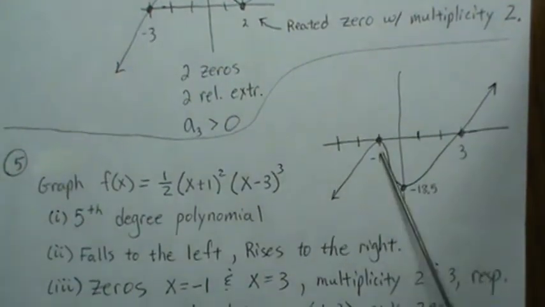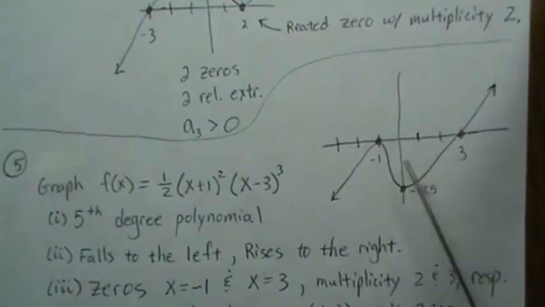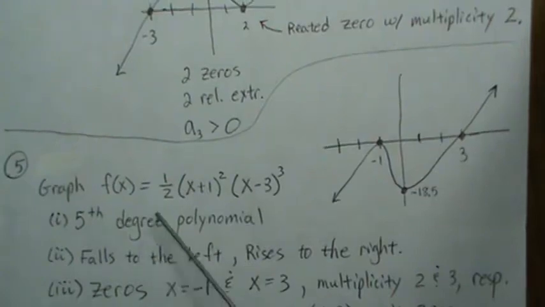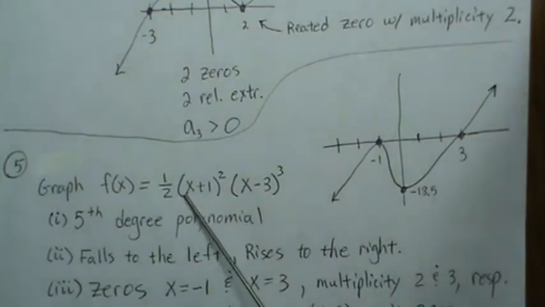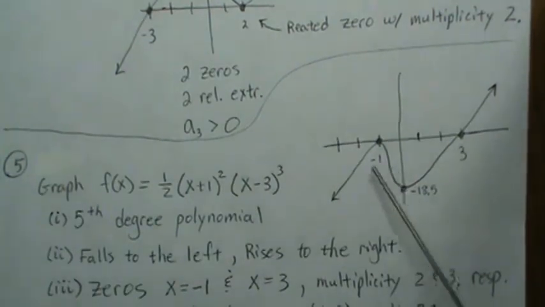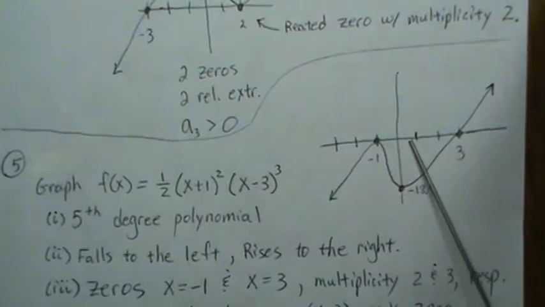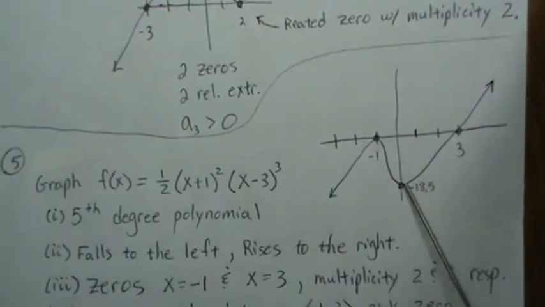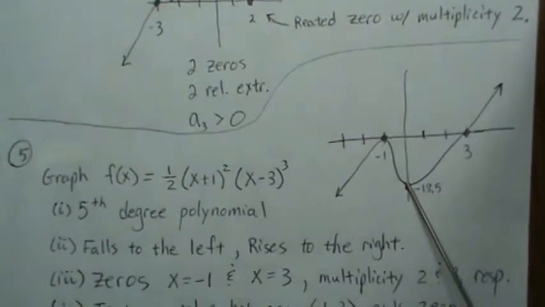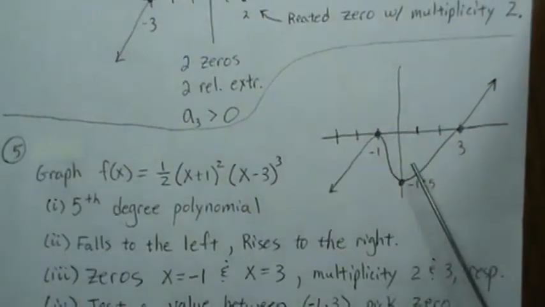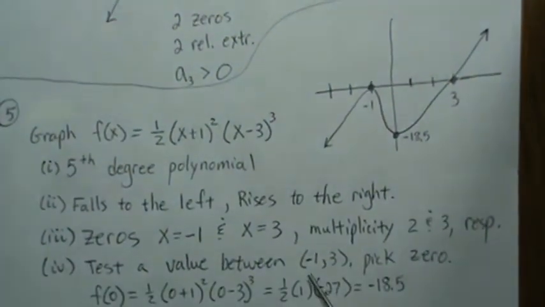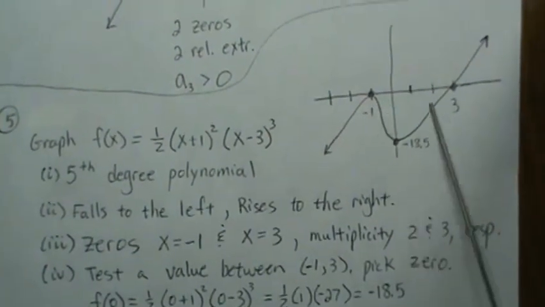Okay, but to get a better, well, let me rephrase that. Because we know it's a 5th degree, the leading coefficient being positive, the tail does this and that, but we don't know what happens in here. So let's pick a value in here so we can get a number and give us a better idea of what the graph looks like. So let's test a value between these.